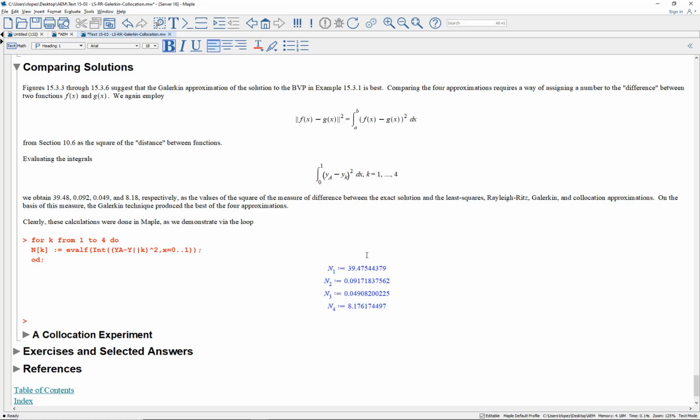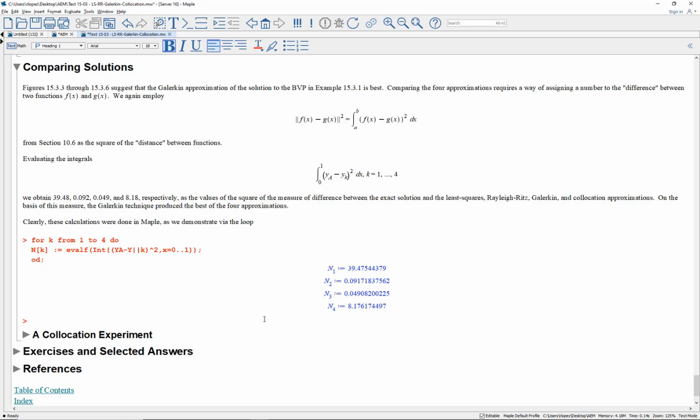Those norms, or the square of those norms, turn out to be these numbers. Big number here, that was least squares. This was Rayleigh-Ritz. This was Galerkin. This is collocation. These 2 are pretty good. These 2 not so good, but collocation better than least squares.